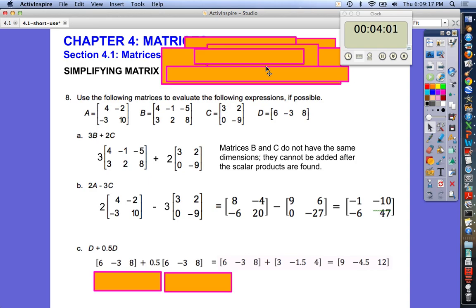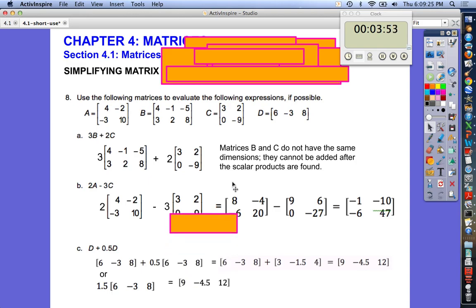That's fine, but certainly, once again, we could do this in one step just by using a scalar 1.5 times matrix D and then getting the same resulting matrix. So our scalar product's going to be the same, it's just less work than it would be otherwise.